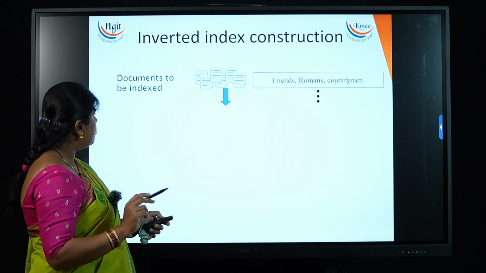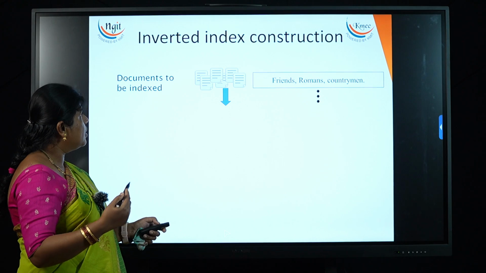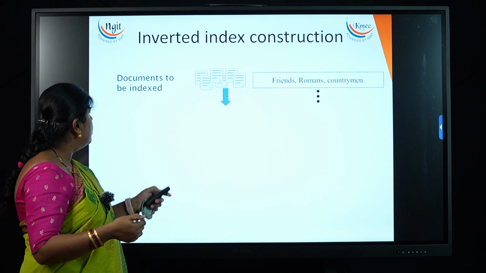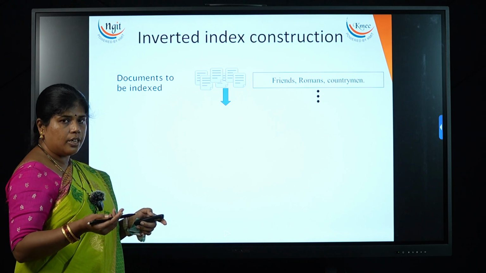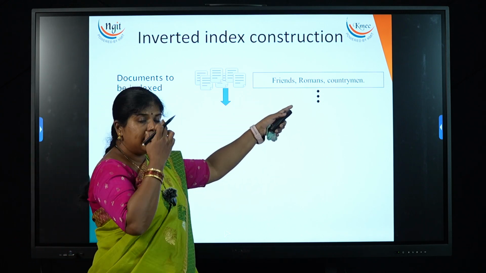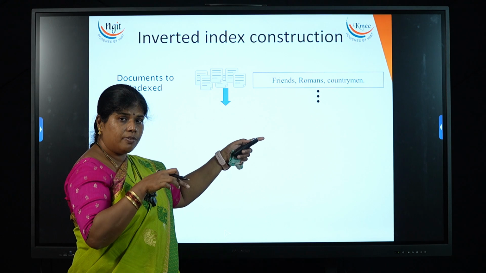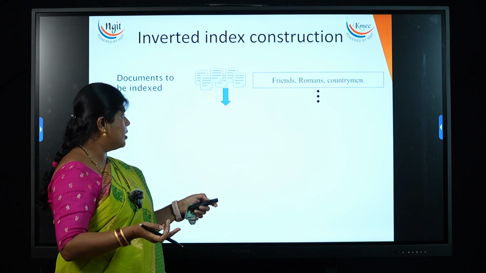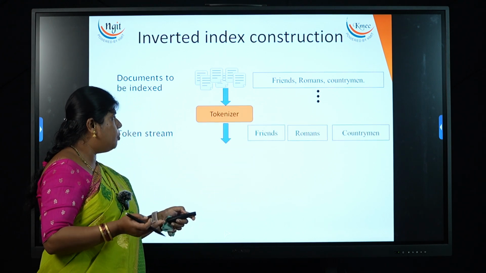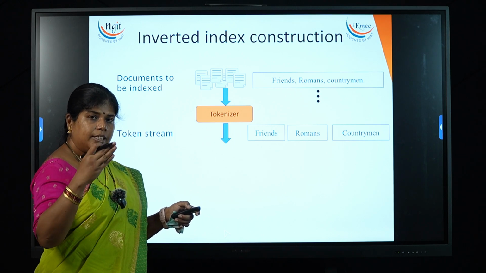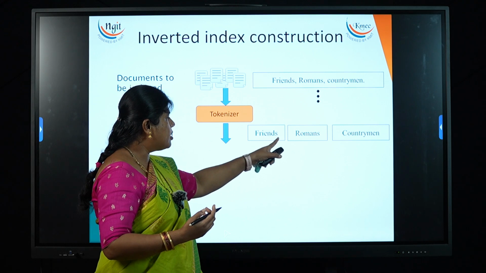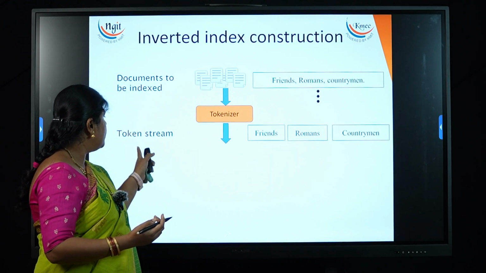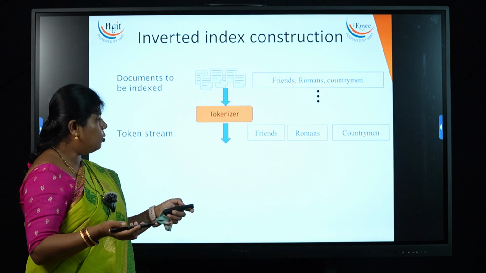Now, what are the steps in inverted index construction? First you will have a collection of the documents that you want to index, and these are the terms based on which I am going to perform the indexing. The next process will be the tokenizer. Divide the text and get the tokens. So what tokens am I getting? Friends, Romans and countrymen. This is the stream of tokens.